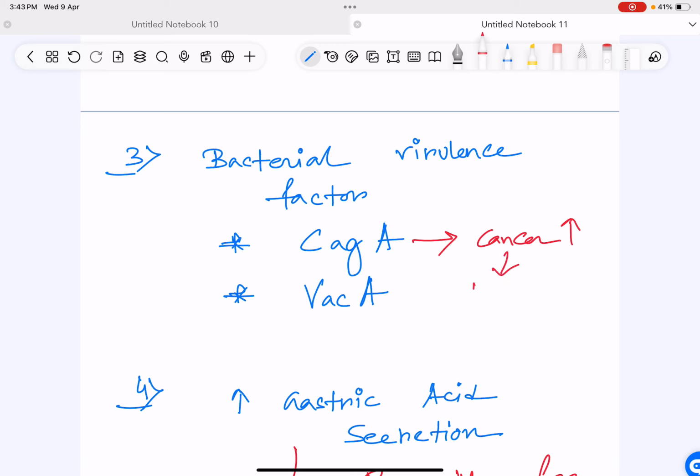The first one is MALT lymphoma, which is very commonly heard, mucosa associated lymphoid tissue lymphoma, and the second one is gastric adenocarcinoma, both with H. pylori due to this CAG-A.